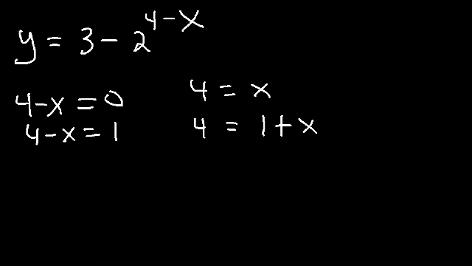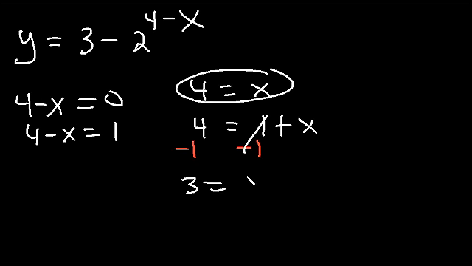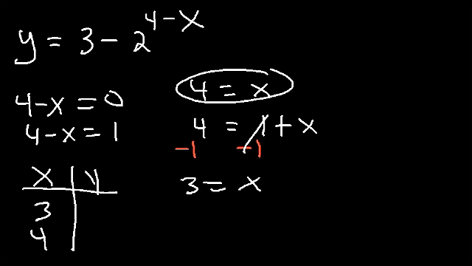So here we got to take away a 4. So x is equal to 4, and also x is equal to 3. So our table should have 2 points, 3 and 4.